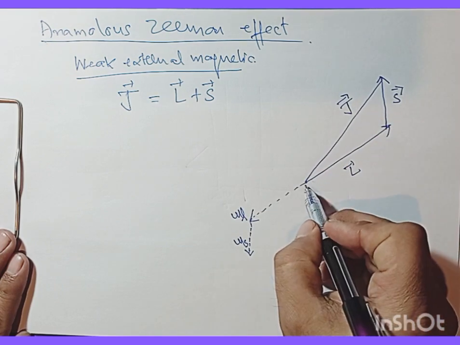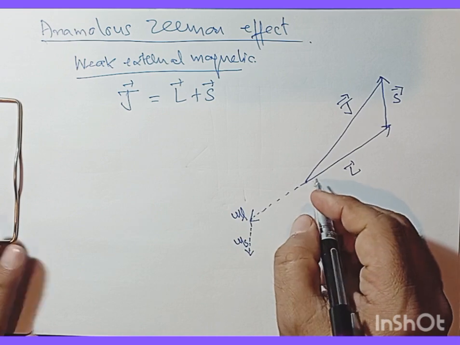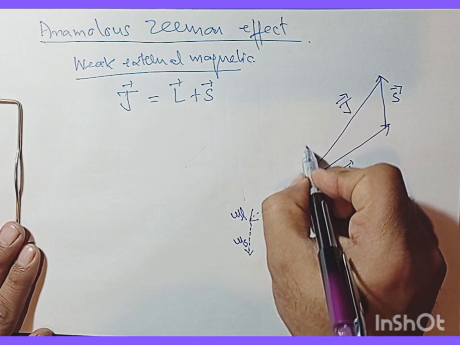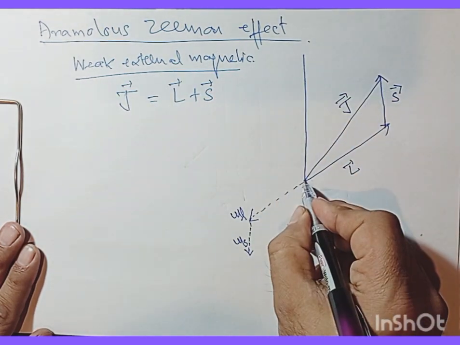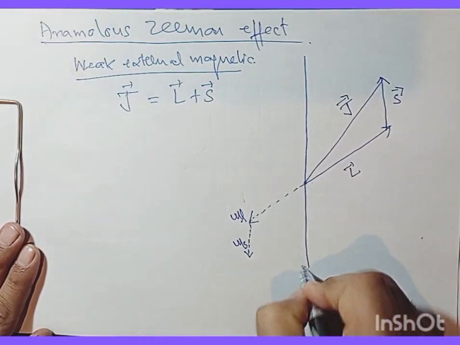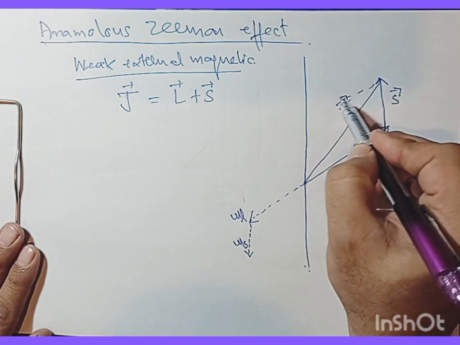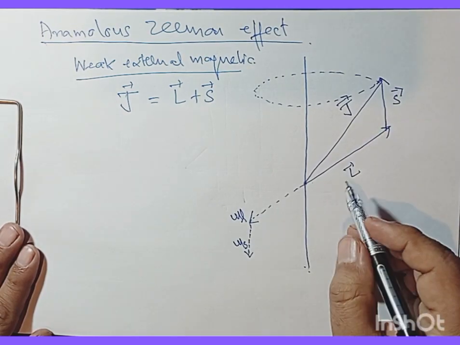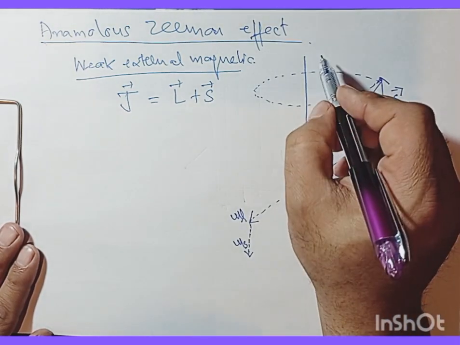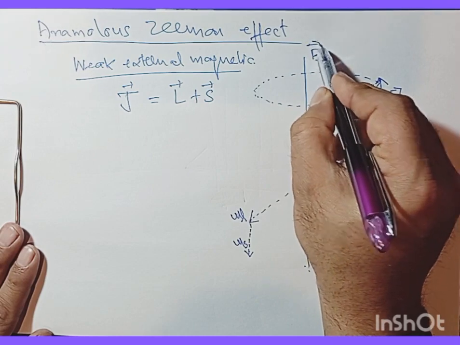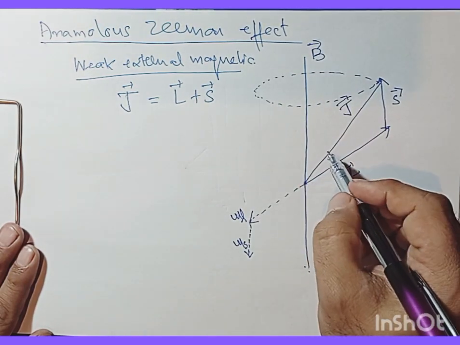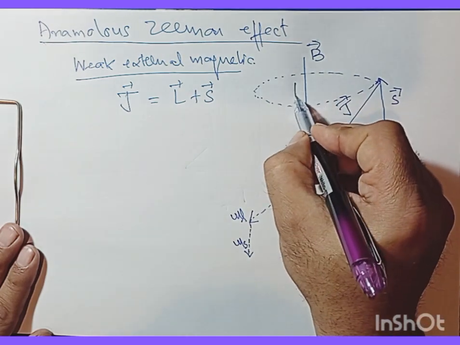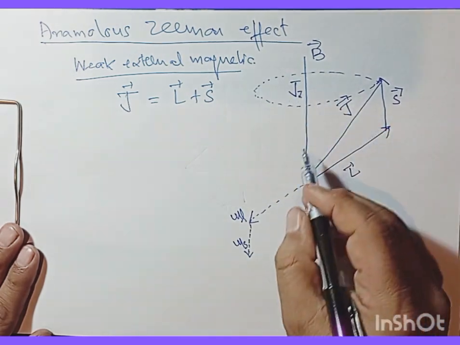Assuming that the applied magnetic field is along the z direction, this is the direction of the applied magnetic field, Bz, and at the same time we have the component of J along this z direction, that is Jz.